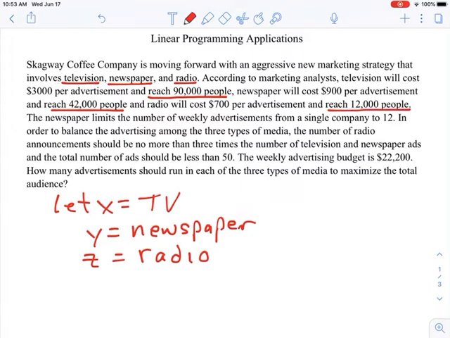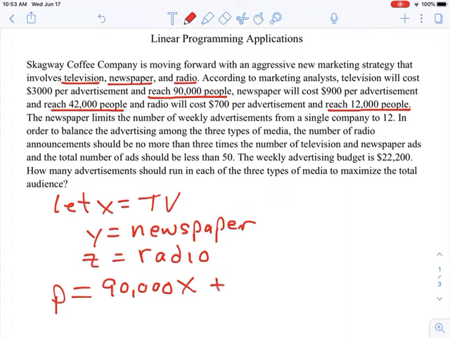So it looks like what we want to maximize is P, which is going to be equal to 90,000, because 90,000 people are going to see each TV ad, so multiply that by X, the number of TV ads.